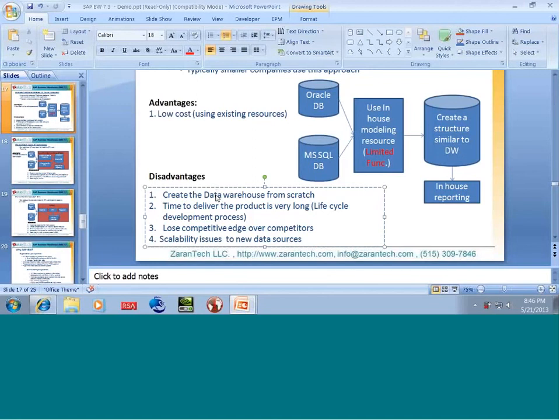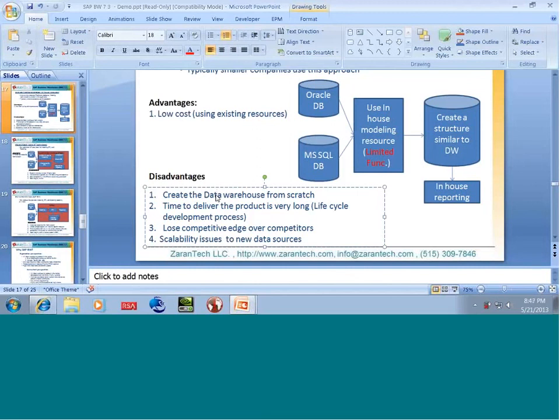That leads us to the second big disadvantage. The time to deliver a data warehousing product is very long. When I'm talking about time to deliver, it's the life cycle development process. When you start a project, from the start to the finish, that is making it go into production, it is going to be significantly longer.